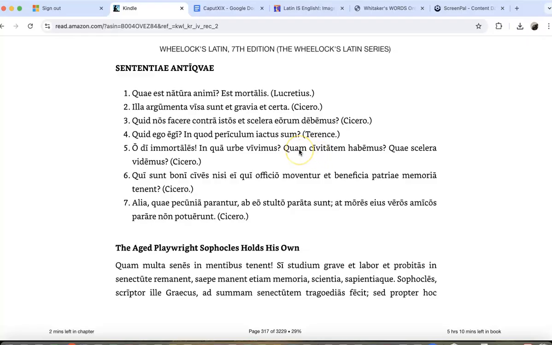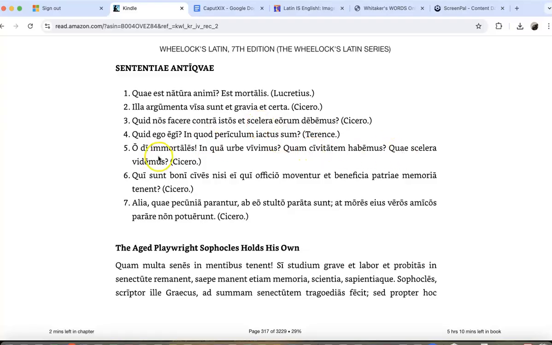The reason for that is that state is feminine, and so we're using the feminine form of the interrogative pronoun versus the masculine if state were a different gender. And then scalera we had earlier in number 3.